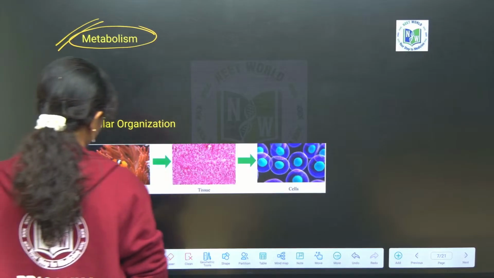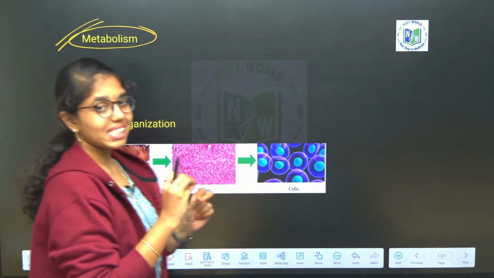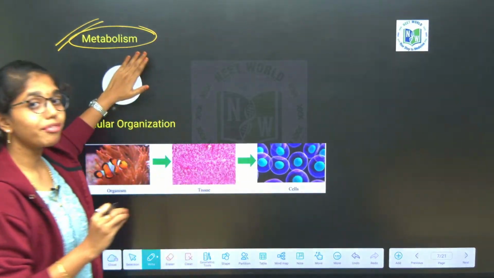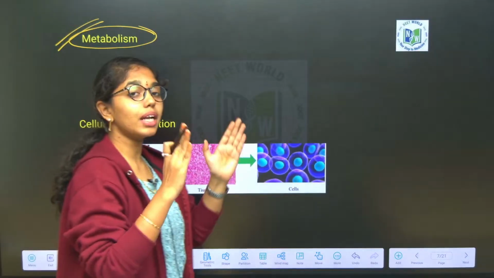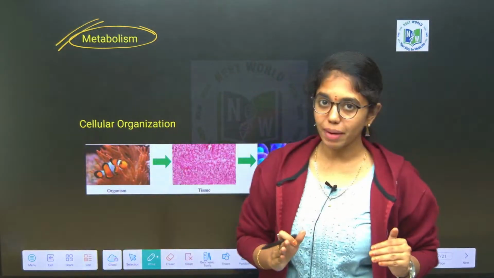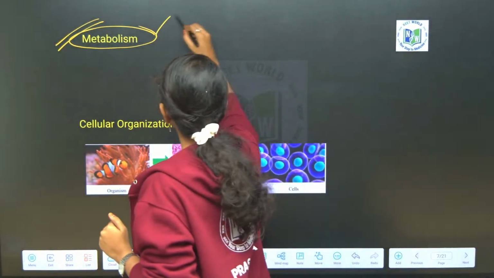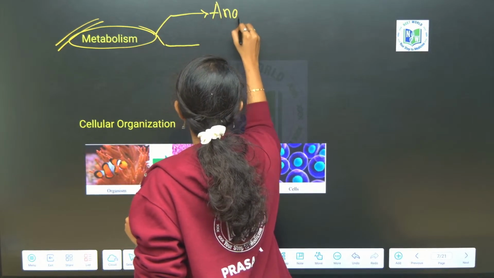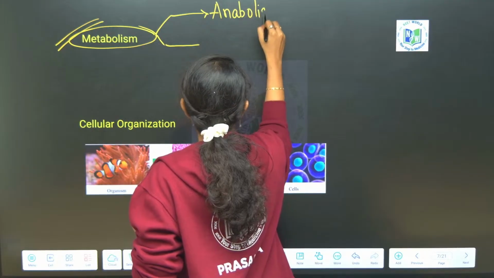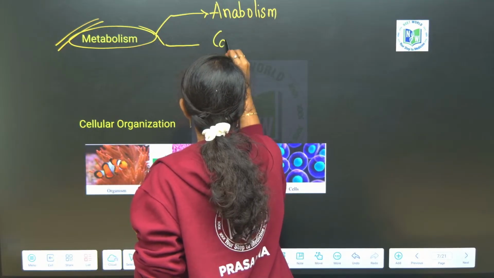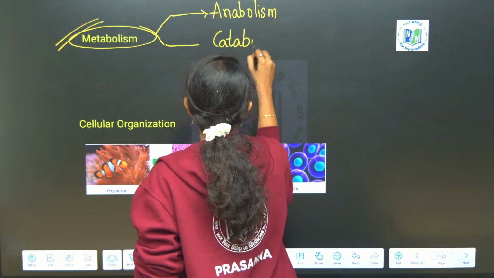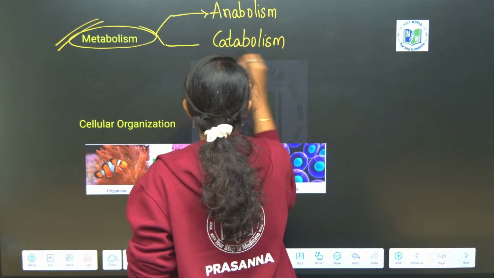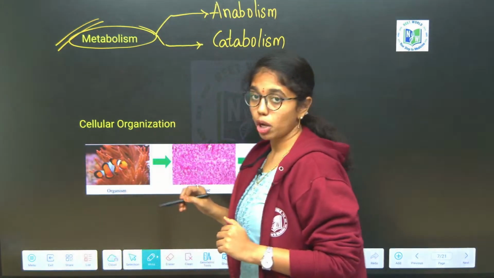So, here metabolism. Metabolism is nothing but the sum total of chemical reactions that happen in a living system. It is a combination of anabolism and catabolism.